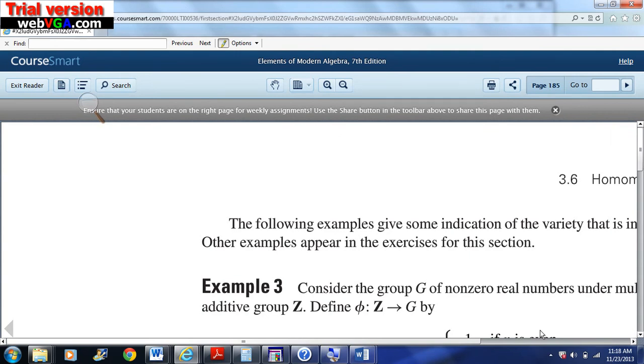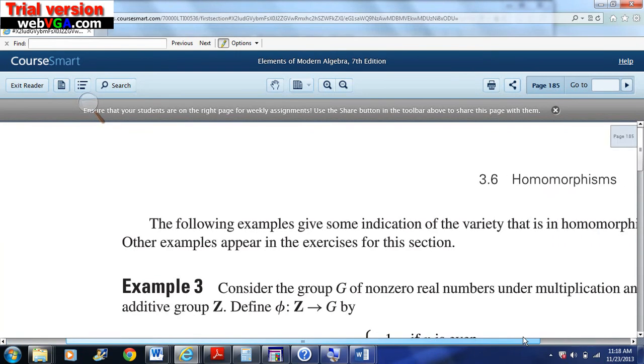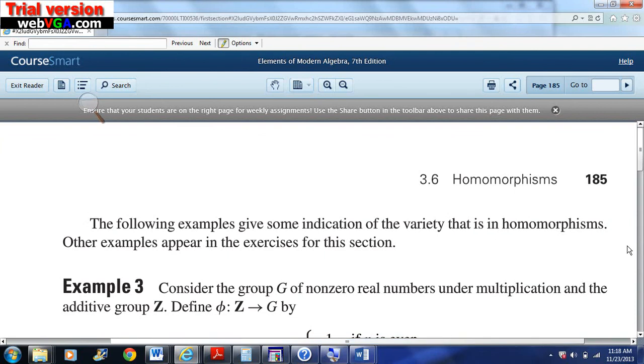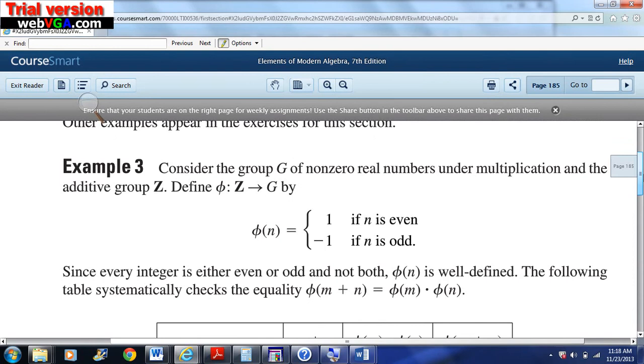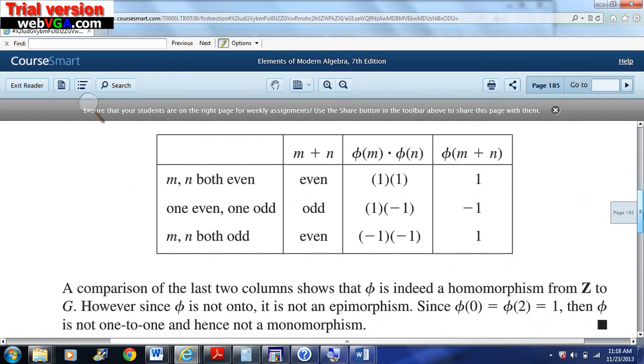Okay, next page we have example 3. Let's take a look at that.